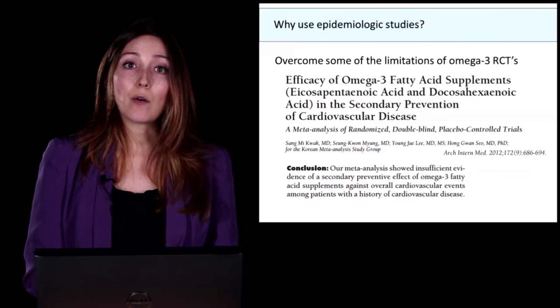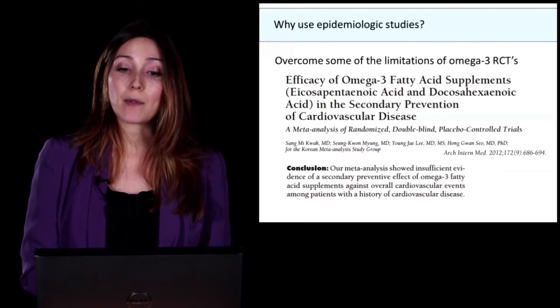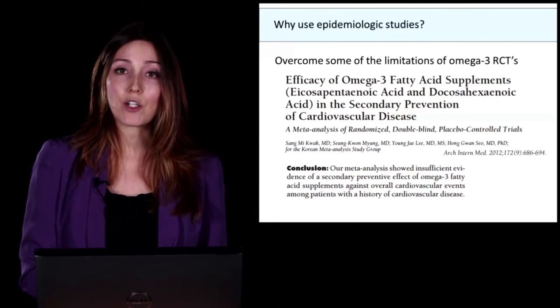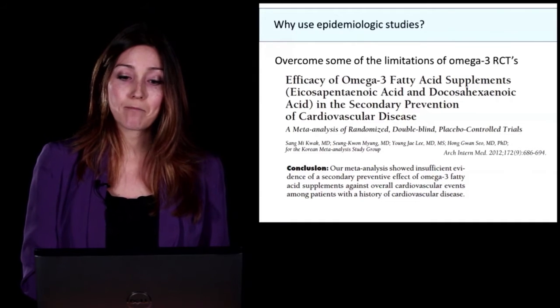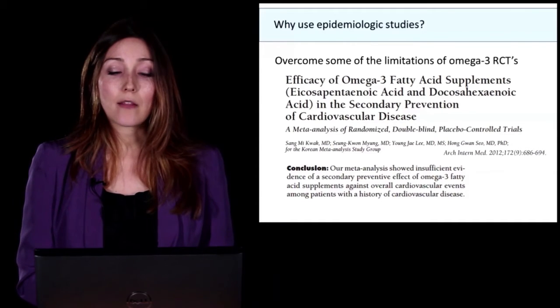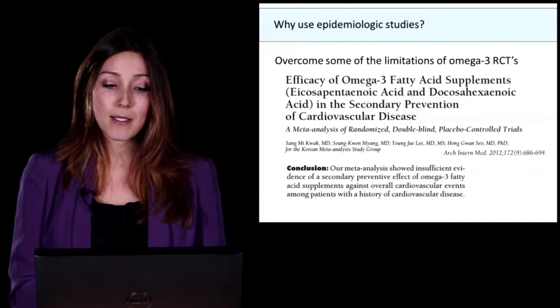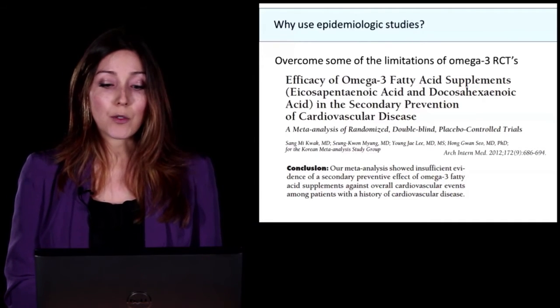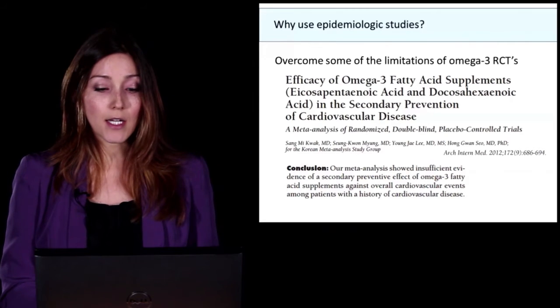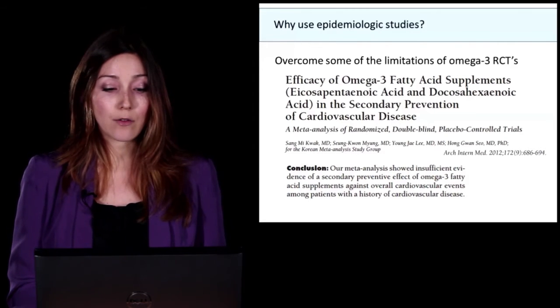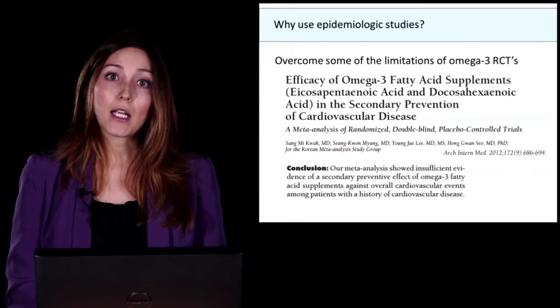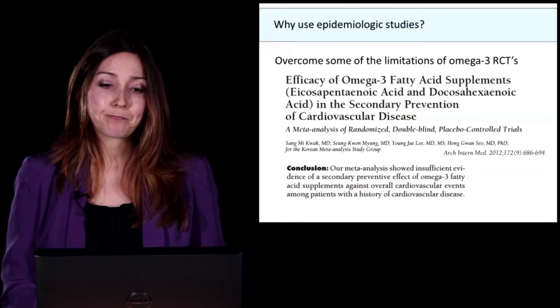This is an example of how epidemiologic studies may be able to overcome some of the limitations of an omega-3 RCT. This was a meta-analysis of RCTs of omega-3 fatty acids, and they concluded that there was insufficient evidence of a secondary preventive effect of omega-3 fatty acid supplements against cardiovascular disease.